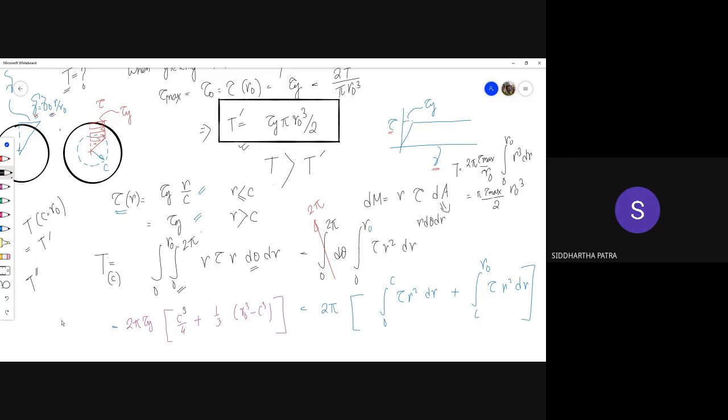So the next question that we would like to answer: what is the maximum torque that you can apply to the shaft, or what is the maximum torque bearing capacity of the shaft? How do you answer that?